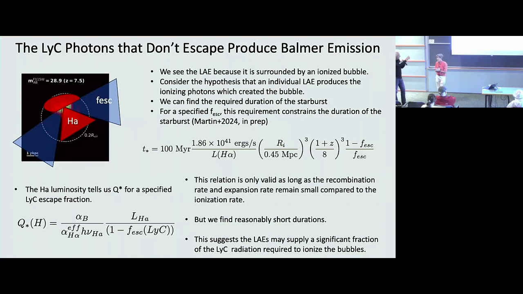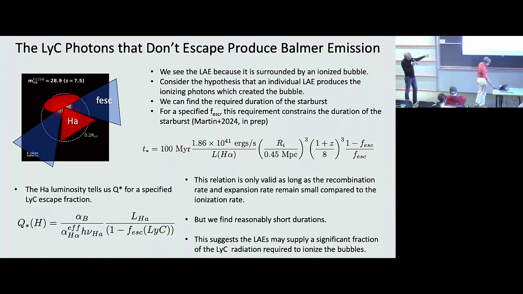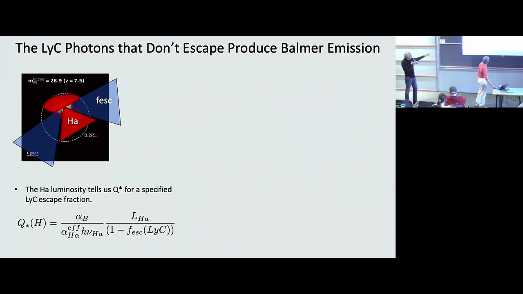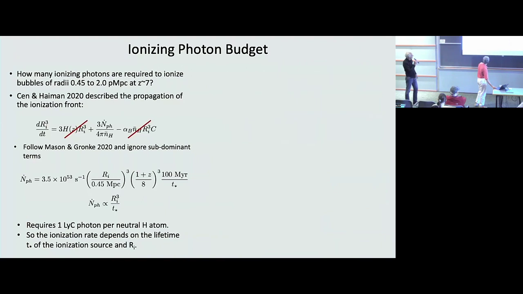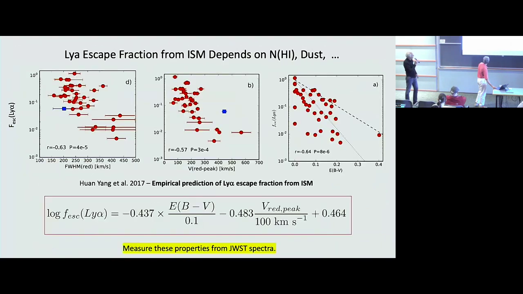I also have a question connected to the previous formula. If you go to the previous slide where you have the log of F-escape formula, log F alpha, and the correlation, yes, this one. If I have E(B-V) equal to 0 and V equal to 0, I get the maximum value of 0.46.